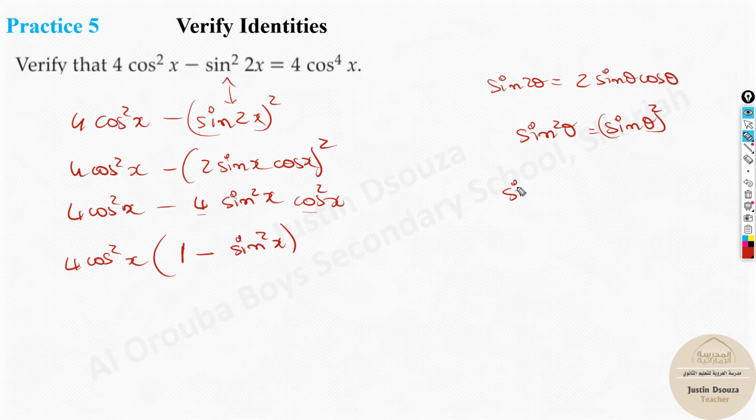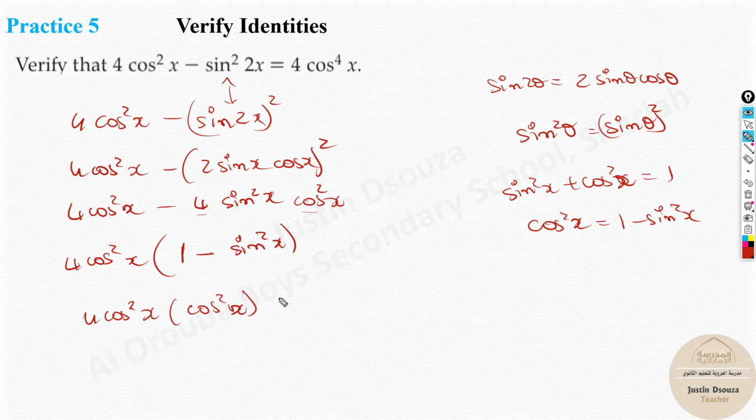Now, what is sine square x plus cos square x equal to? That is 1, the Pythagorean identity. So take this to the other side. It will be cos square x equals 1 minus sine square x. Here then, what you do is 4 cos square x into cos square x.